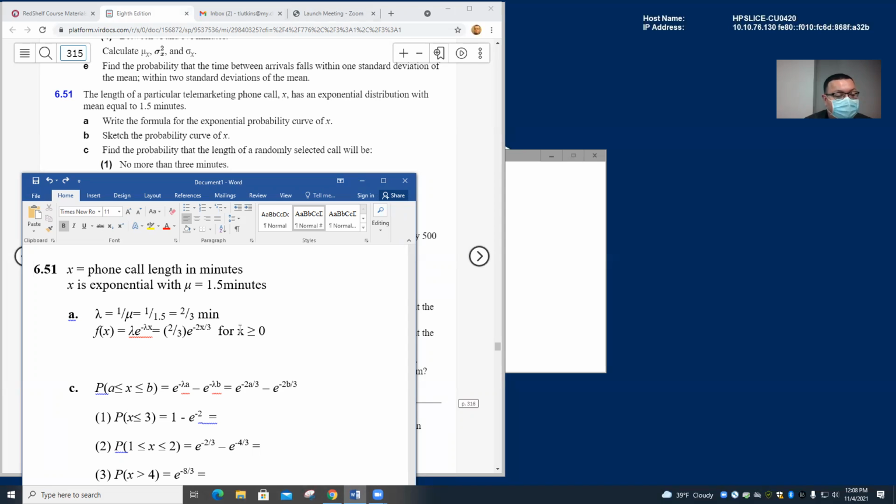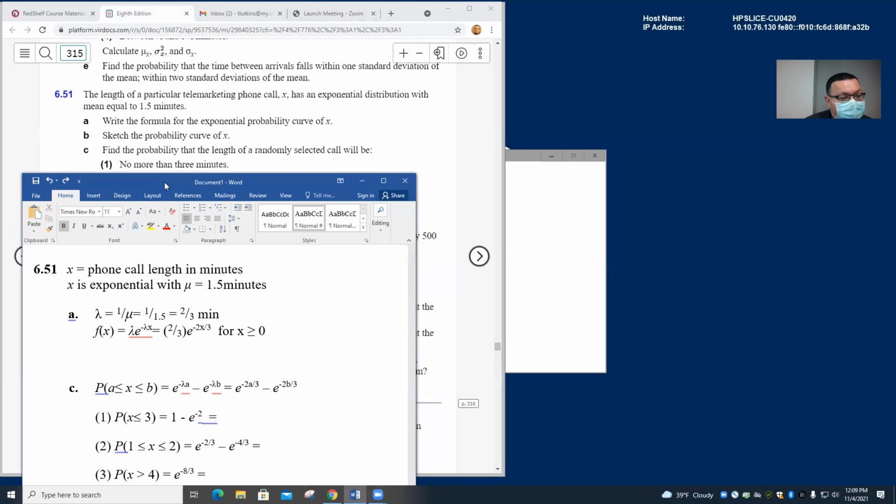Then for our formula, we would just have f of x equals lambda times e to the exponent negative lambda times x. So in other words, 2/3 times e to the exponent -2x over 3 if x is greater than or equal to 0.